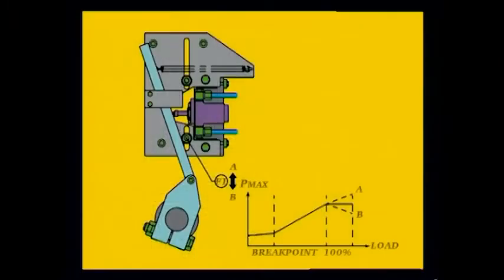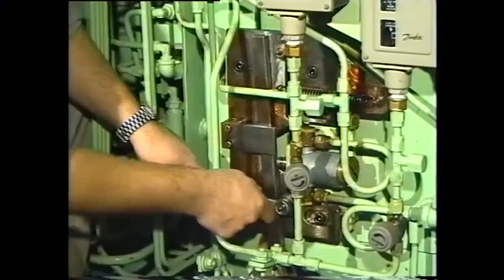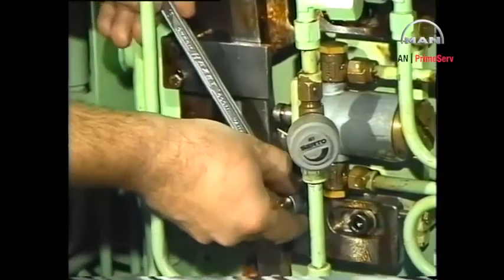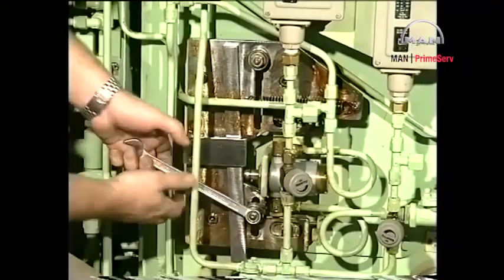Load the engine so that it corresponds to 100% MCR load and displace the lowermost pivoting point until the average combustion pressure, corrected to ISO ambient conditions, is at the required value.